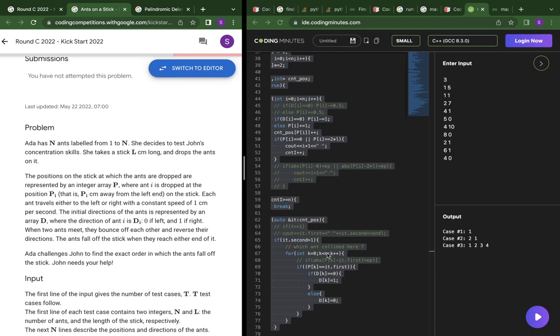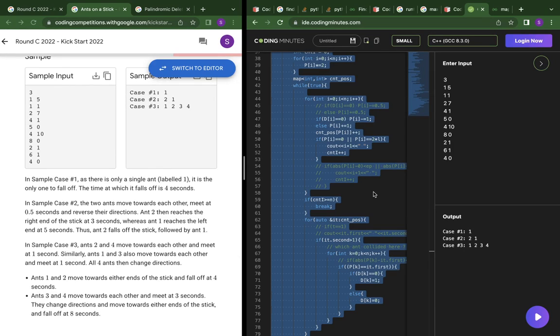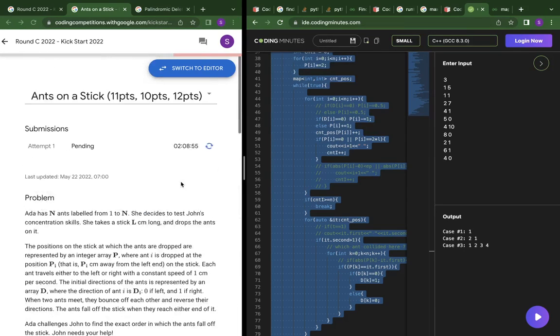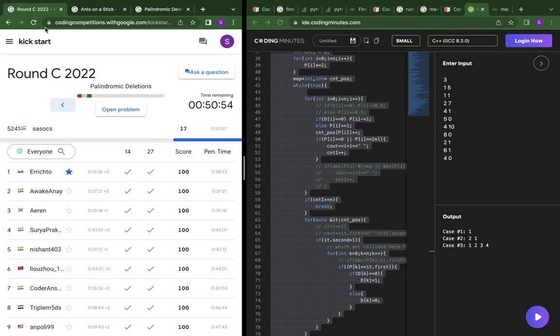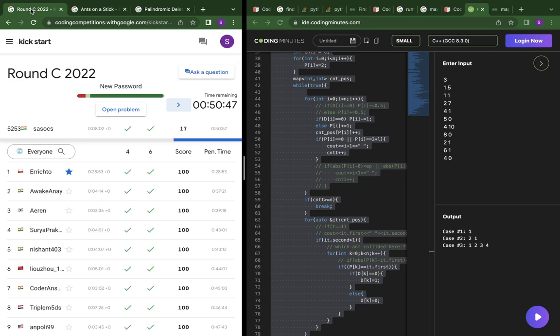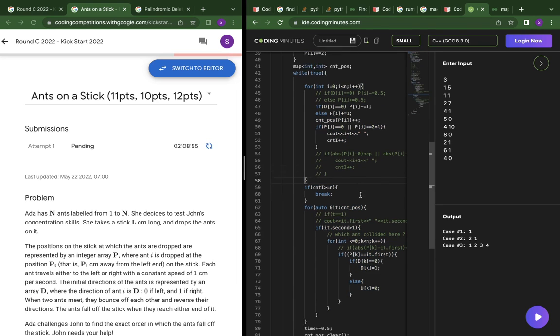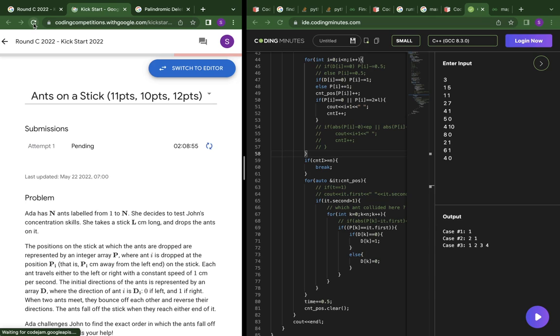I want to clear test case 2 also and 3 also, but at least this code passes test 1 at least, please. Okay, 5253. Come on, exceed time limit.